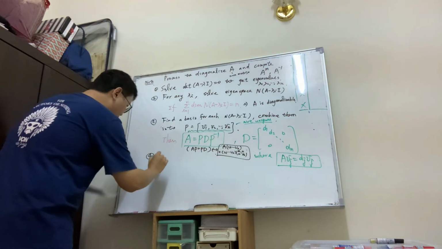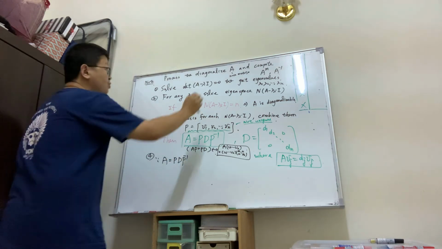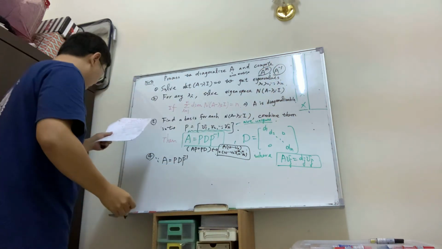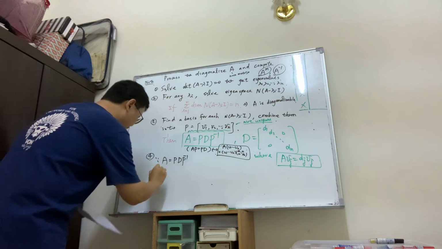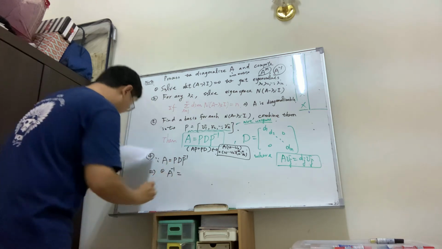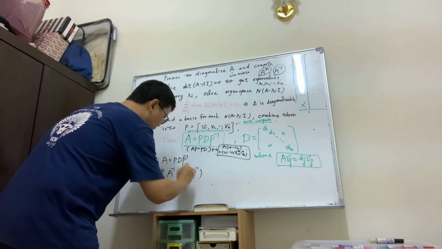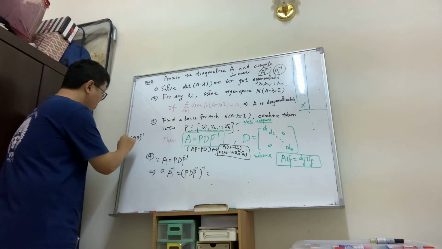Anyway, once you have A equals PDP inverse, we want to compute A to the power of n and A inverse. What can we say? A inverse is the inverse of PDP inverse. We have that the inverse of AB is B inverse times A inverse.